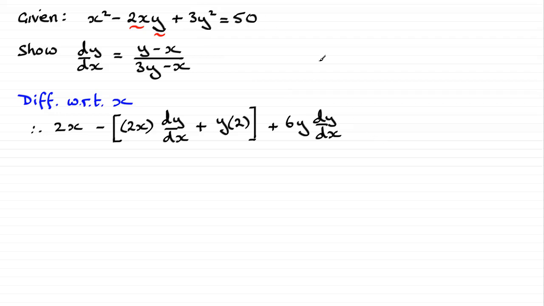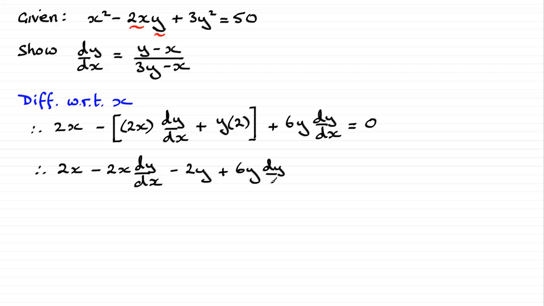Then the differential of 50, that constant, with respect to x is simply 0. Now I'm going to expand this out. We've got the 2x, minus 2x dy by dx, minus 2y, and finally plus 6y dy by dx.